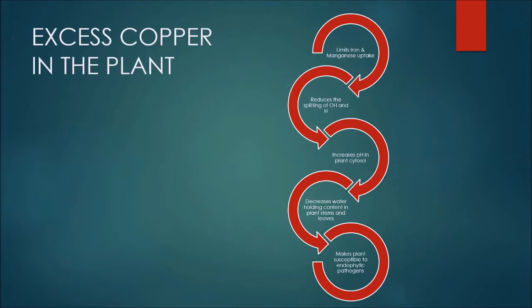You'll increase the pH in the plant cytosolic fluid, and you will decrease water holding capacity in the plant leaves and stems. All of this makes plants more susceptible to endophytic pathogens. So as the mineral content decreases or increases in an imbalance, you have a longer term disease susceptibility that is developed within your plant.